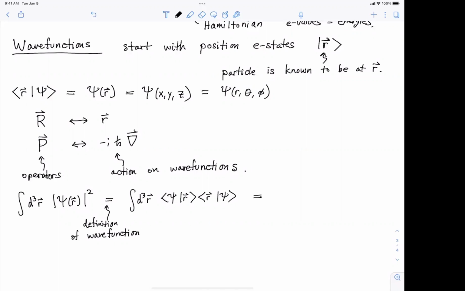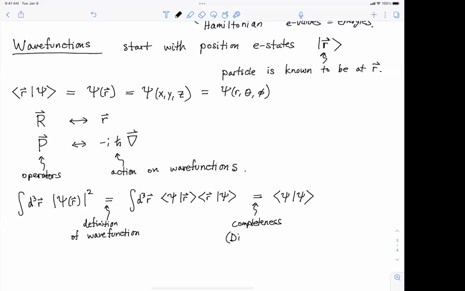Okay, and then that's equal to just psi inner product psi. So I get rid of the integral d3r and I get rid of the bra and ket r. So what I've really done there is I've used completeness. Notice this is the Dirac orthonormality version of completeness.